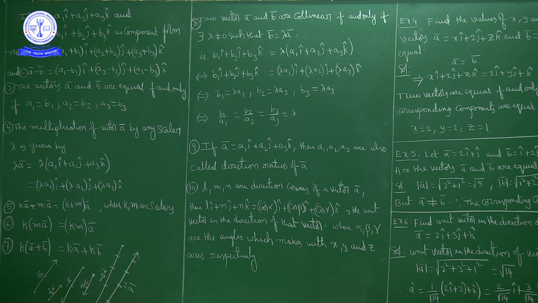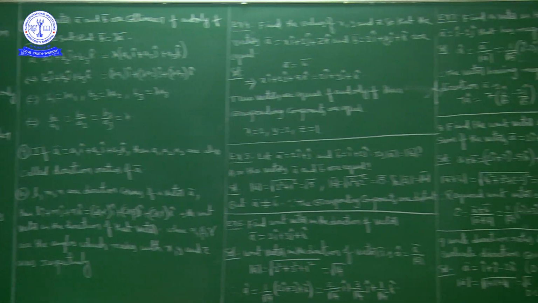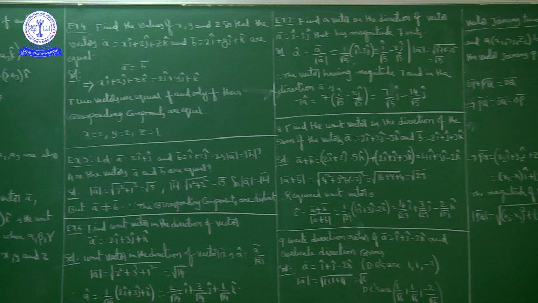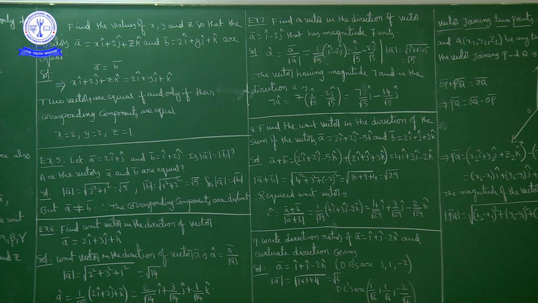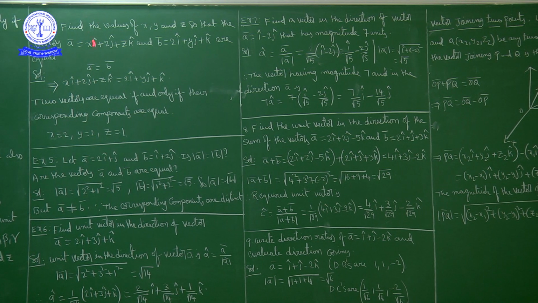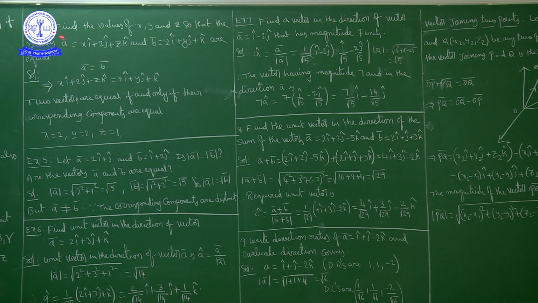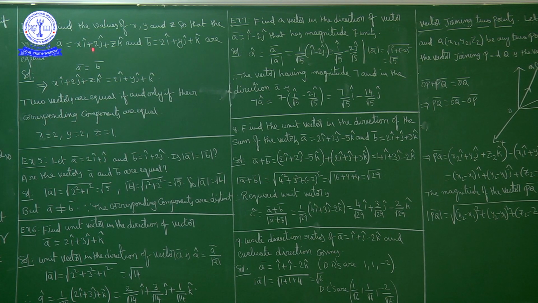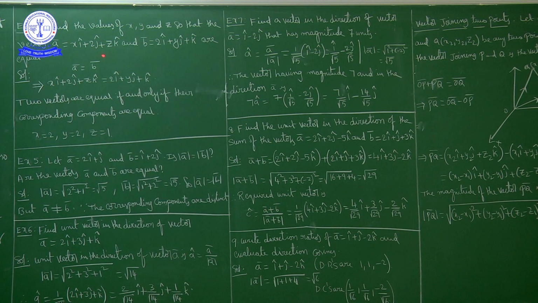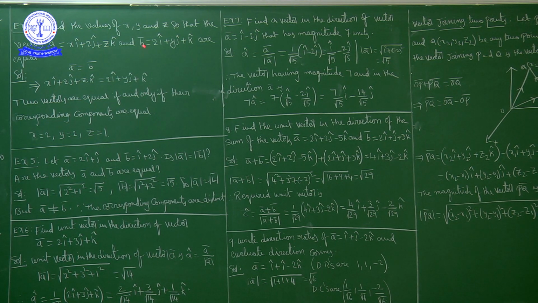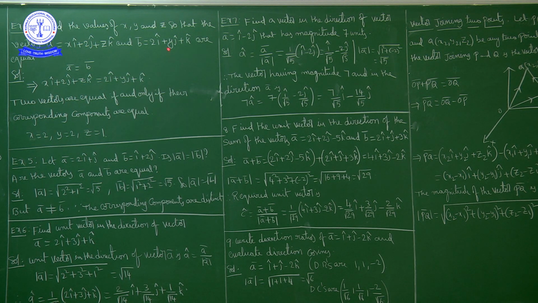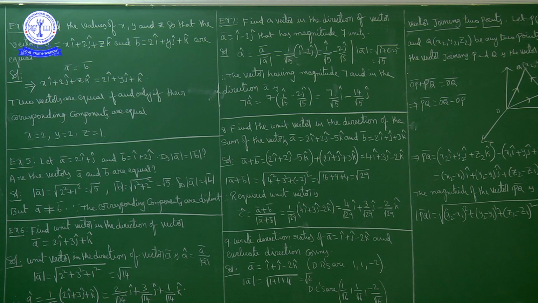Example 4. Find the values of x, y, z so that the vectors A bar equal to x i cap plus 2j cap plus z k cap and vector B bar equal to 2i cap plus y j cap plus k cap are equal.